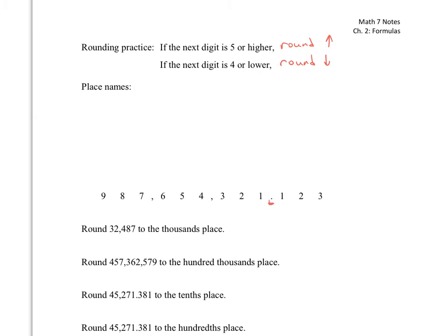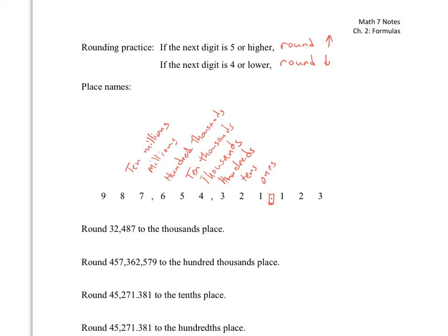And we have the ones place, the tens place, the hundreds, the thousands, the 10,000s, the 100,000s, the millions, and the 10 millions, and the 100 millions.